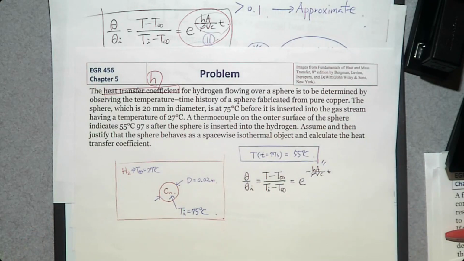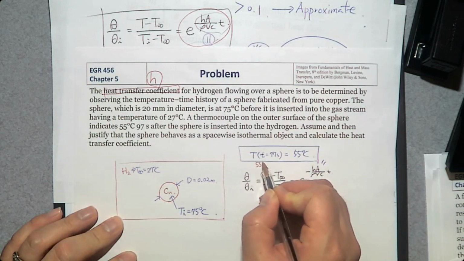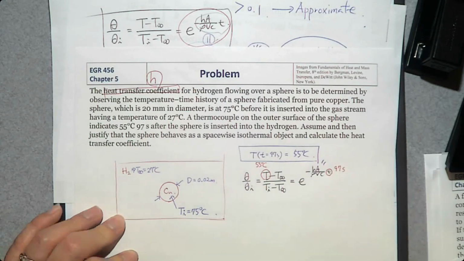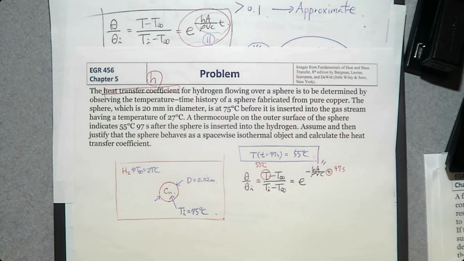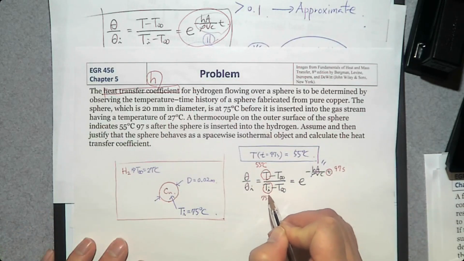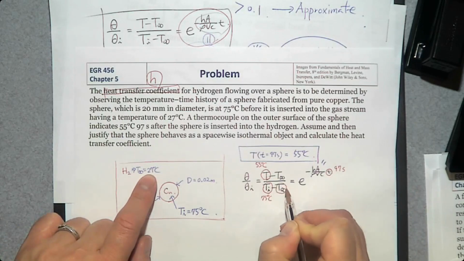Then we know the temperature is going to be 55 degrees Celsius when time t is 97 seconds. What was the initial temperature? 75. So Ti is going to be 75 degrees Celsius. What is the surrounding hydrogen temperature? 27.